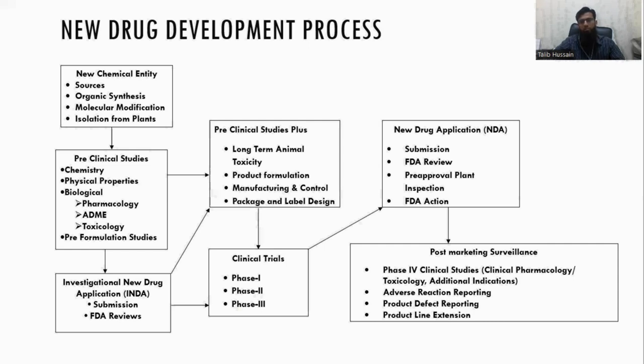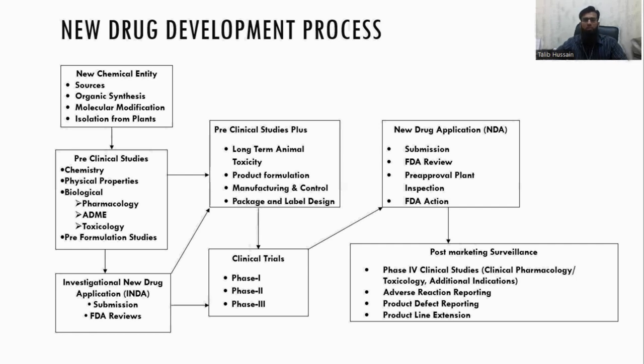The NDA form will be submitted under some critical protocols, along with the formulation protocols, its packaging and label design protocols, its long-term stability studies, its phase 1, phase 2, phase 3 trials, its therapeutic efficacy, its doses, posology, and its toxicologies with mechanism of action, with the duration of action and duration of the therapy.